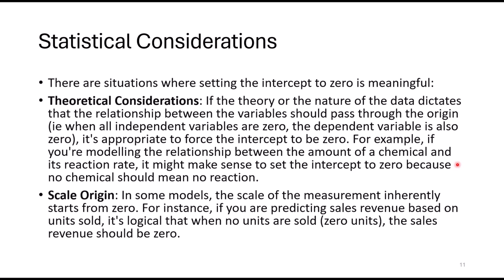For example, if you're modeling the relationship between the amount of a chemical and its reaction rate, it might make sense to set the intercept to 0 because no chemical should mean no reaction. And in some models, the scale of the measurement inherently starts from 0. For example, if you're predicting sales revenue based on units sold, then it's logical that when no units are sold, 0 units, the sales revenue should be 0.